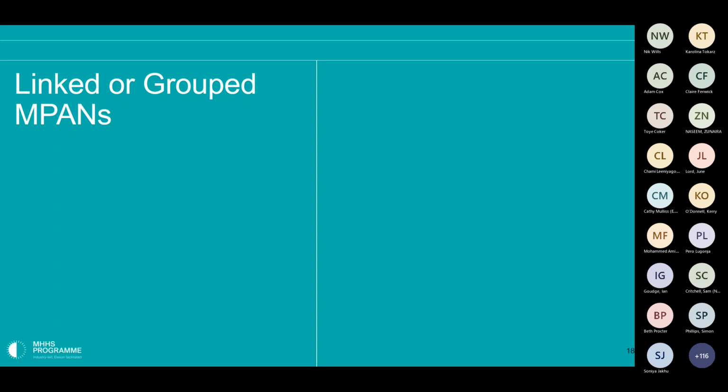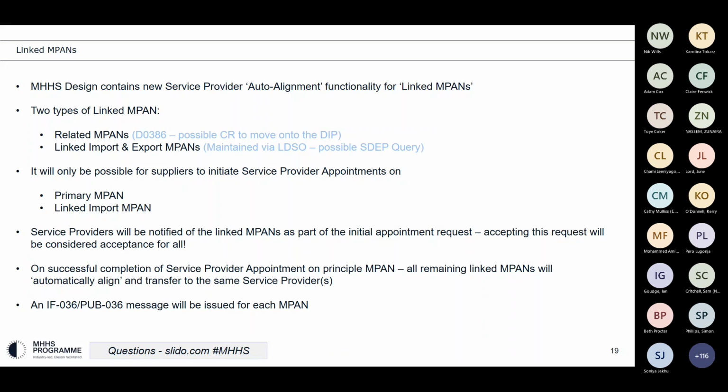I perhaps should have just wanted to quickly cover what we call linked or grouped MPANs, and the MHHS design actually contains new functionality for service provider auto alignment. This was much discussed within the work groups.